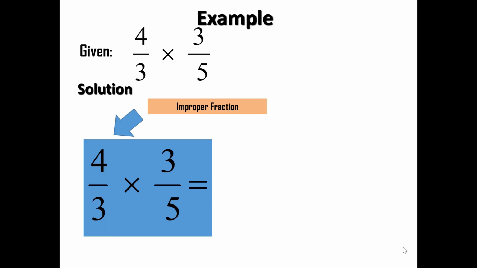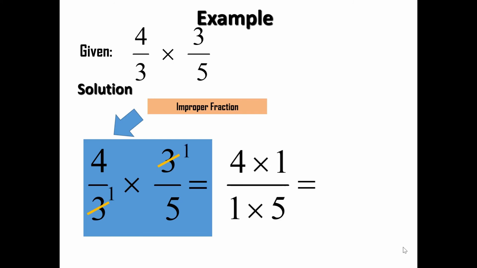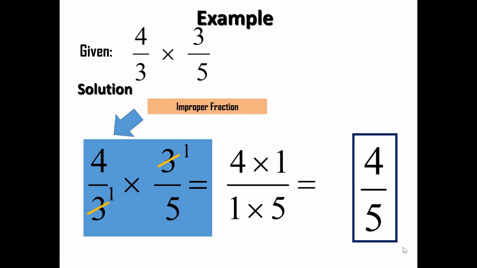Improper fraction multiply by proper fraction, diretso lang tayo. Ngayon, nakita natin yung 3 na denominator at numerator ay pareho, we can cancel out. Then, matitira sa taas ay 1, ganun din sa baba. Ngayon, meron na tayong 4 times 1 at 1 times 5. Kaya ang sagot natin ay 4 over 5.